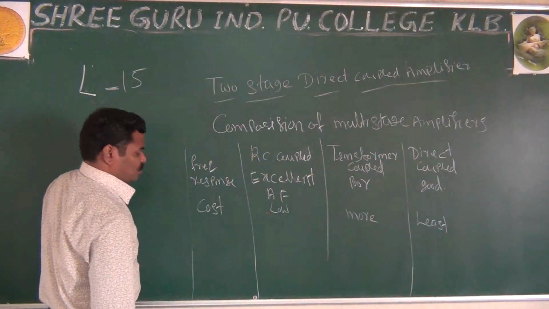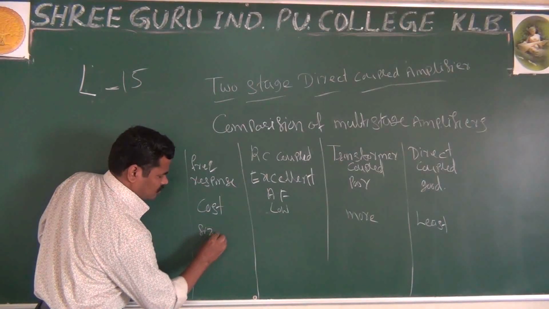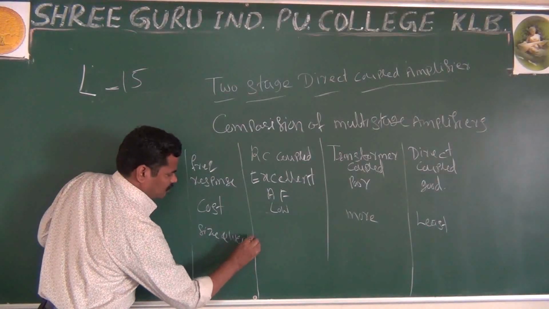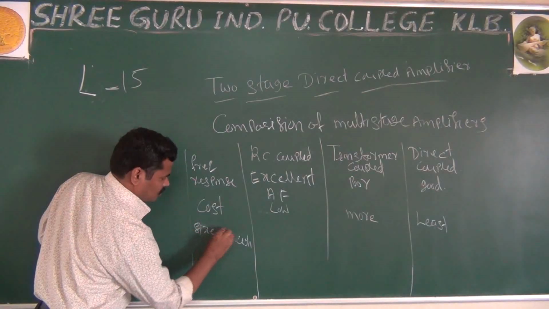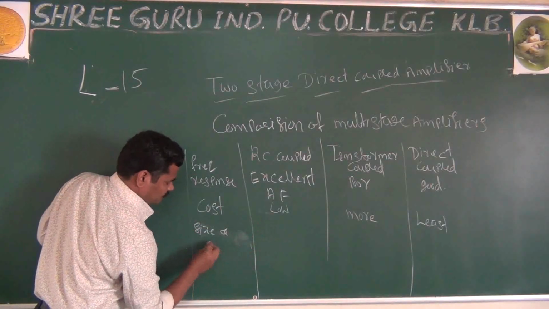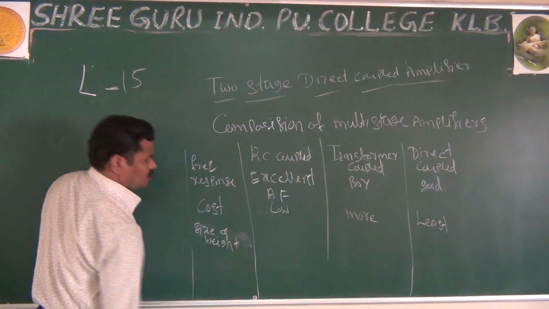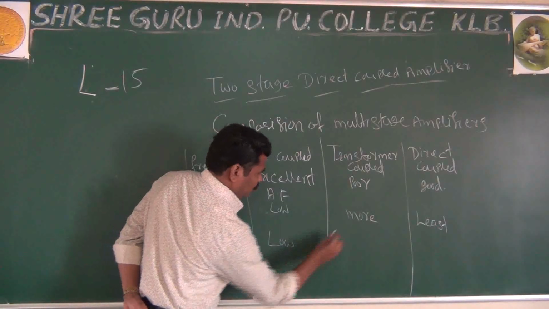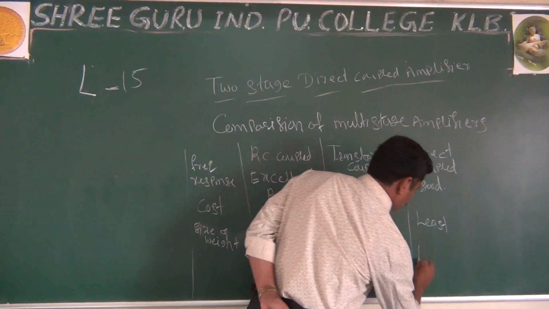And size and weight. As you know, RC coupled has low weight, transformer coupled has more weight, and direct coupled has the least.